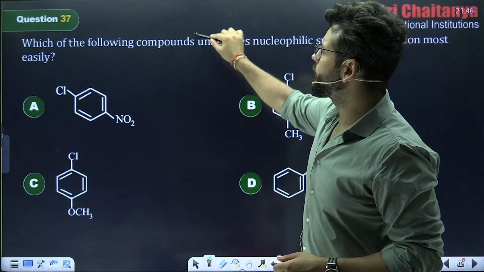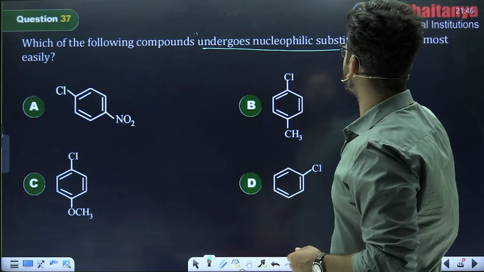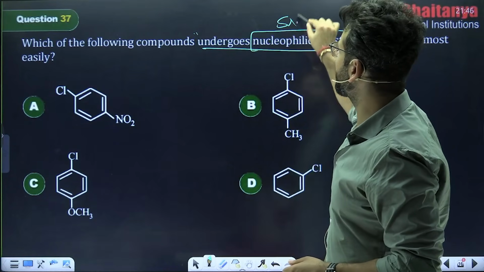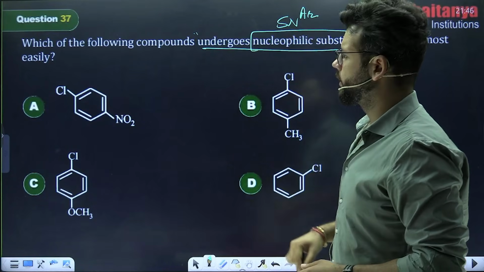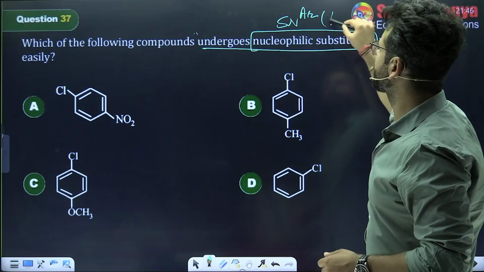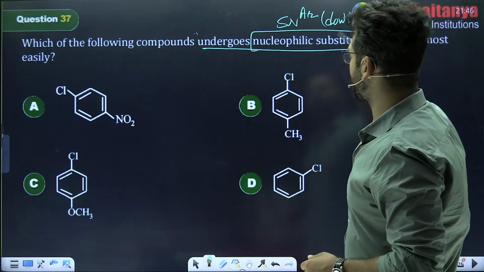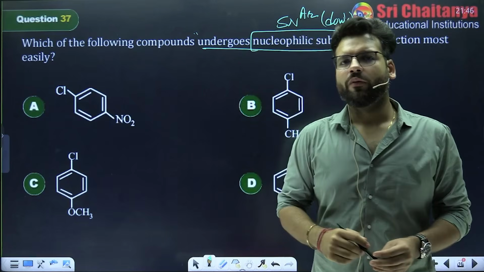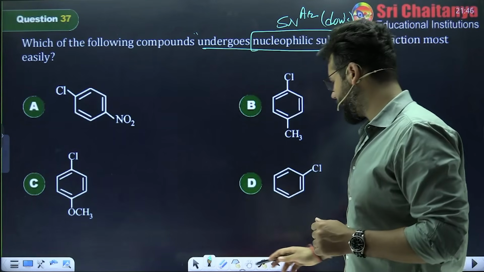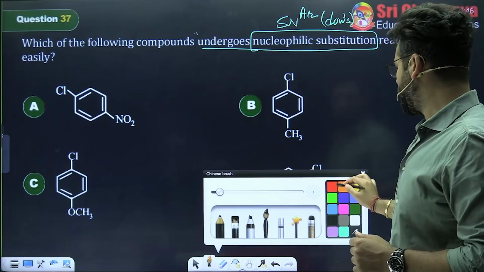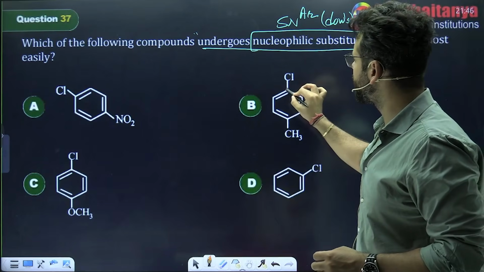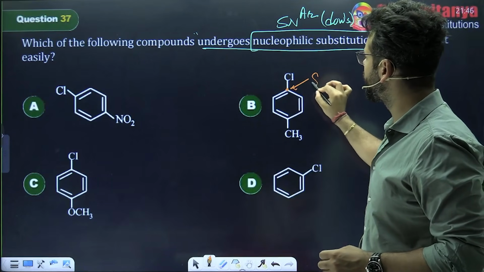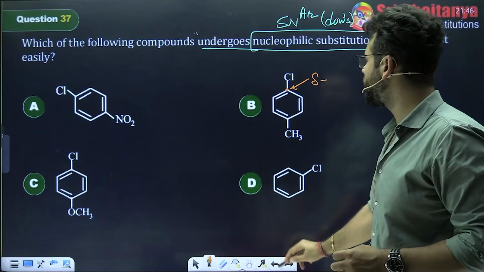Again, same question. Which of the following undergoes nucleophilic substitution by the SN-AR mechanism, Dow's process mechanism? Why? Because we are talking about the aryl halide chapter. Whenever we talk about the SN-AR mechanism, you need your carbon attached to chlorine to be more electropositive or electron deficient.